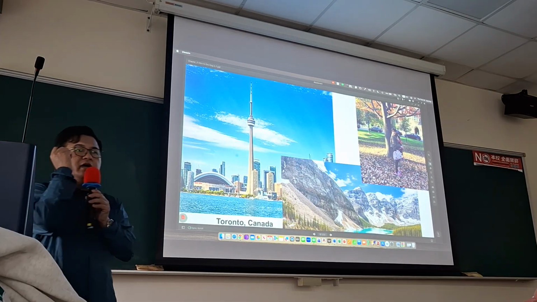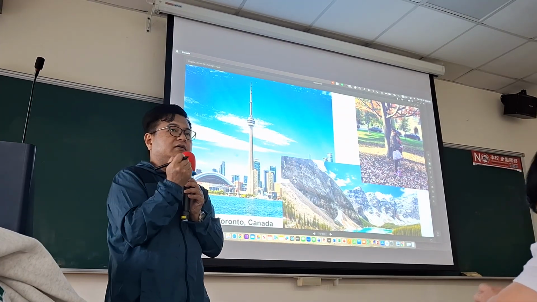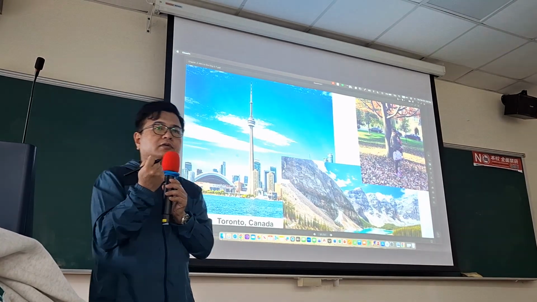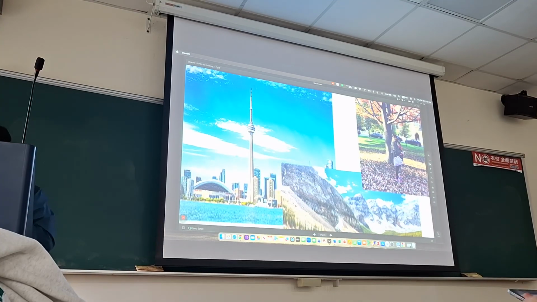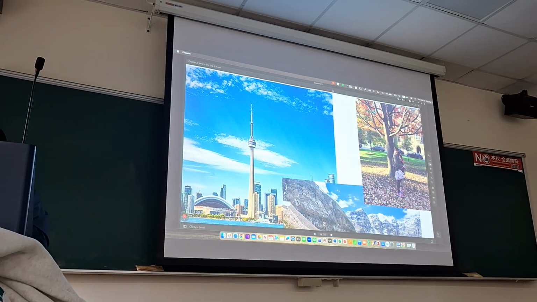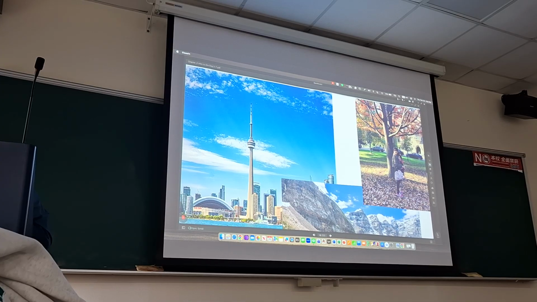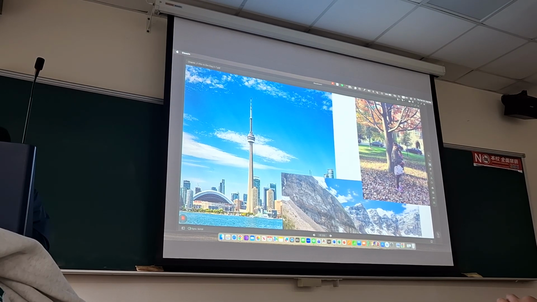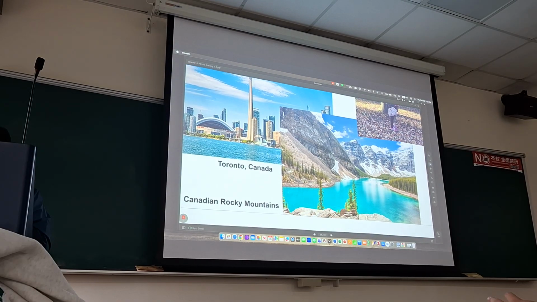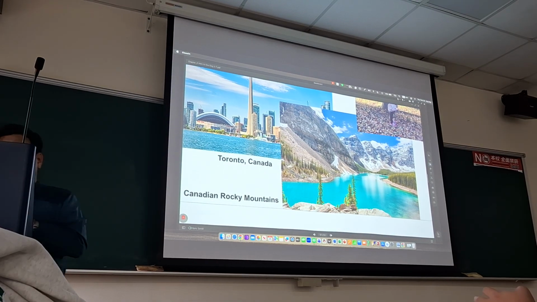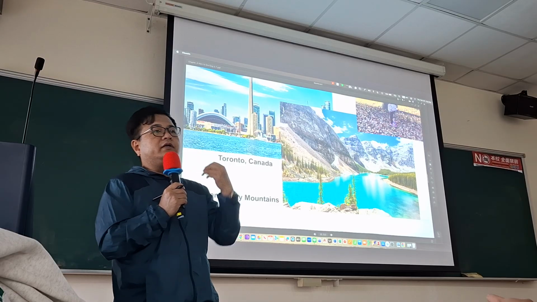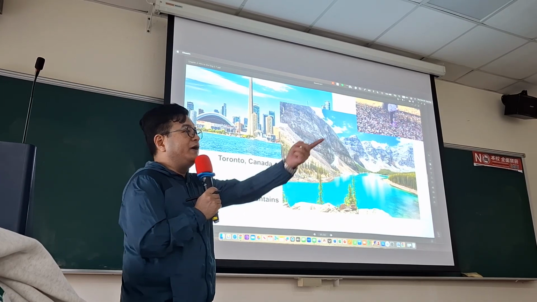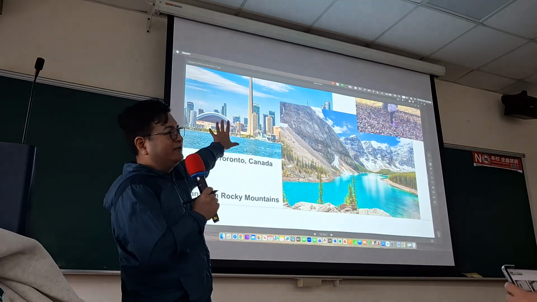I would say the air quality in Canada is pretty good. This is on the campus of the University of Toronto. This is my wife and my daughters, and this is the Rocky Mountains in Canada. The air quality is pretty good. You might also share the air quality in your countries.